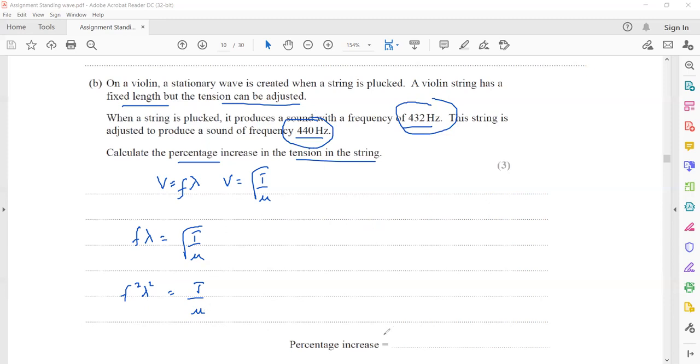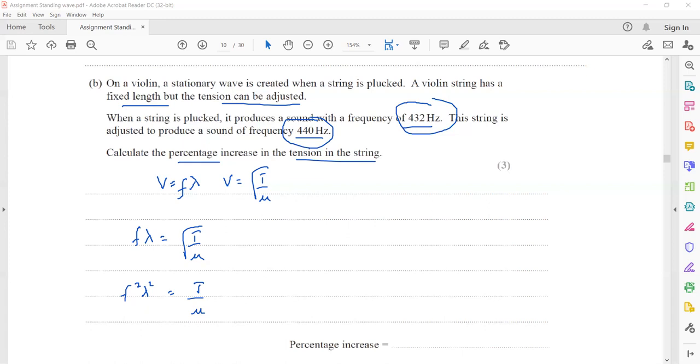So we can work out the tension for each case, and then take the difference in the tension divided by the original value. We can find the percentage increase. The second way to work out the percentage increase is by taking a ratio of the two.